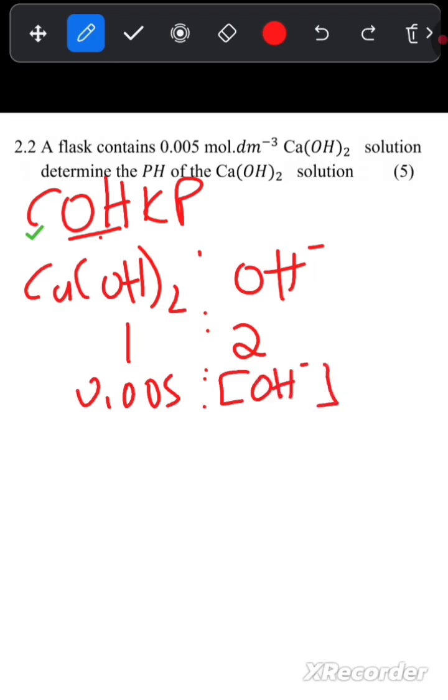Right, you cross multiply here. The concentration of OH minus is equal to 0.01 mole per cubic decimeter.